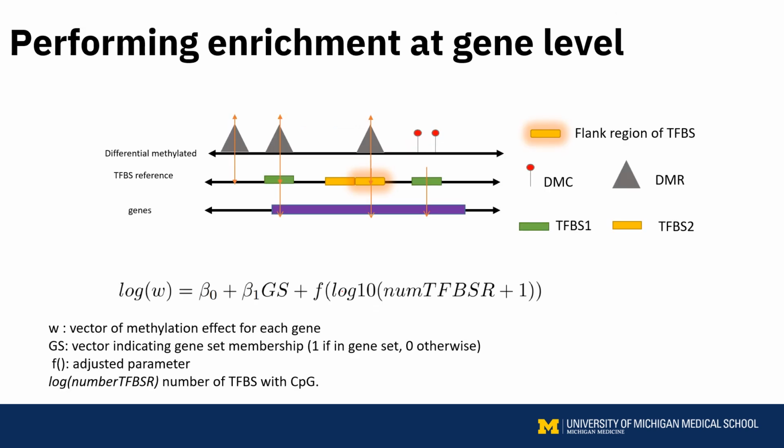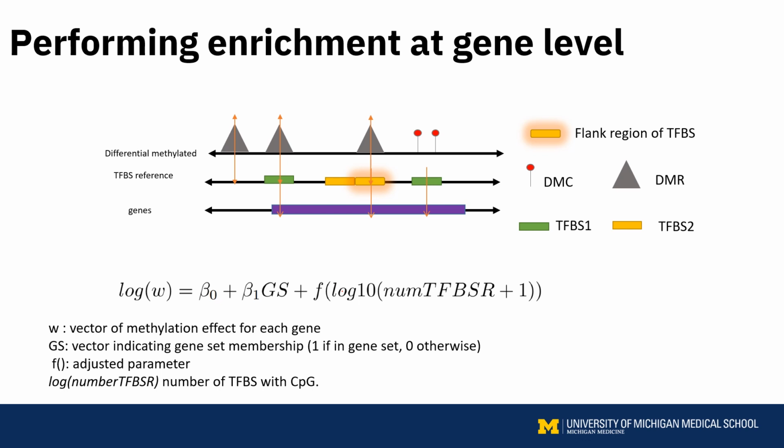After we have the table with the TFs and their weights, we perform the enrichment testing at the gene level. The first step is to assign the user-provided differential methylation to the TF-BS reference we have. We consider both the motif region and the flank region of each TF-BS. After assigning those DMRs or DMCs to the TF-BS regions, we assign those combined regions to genes.